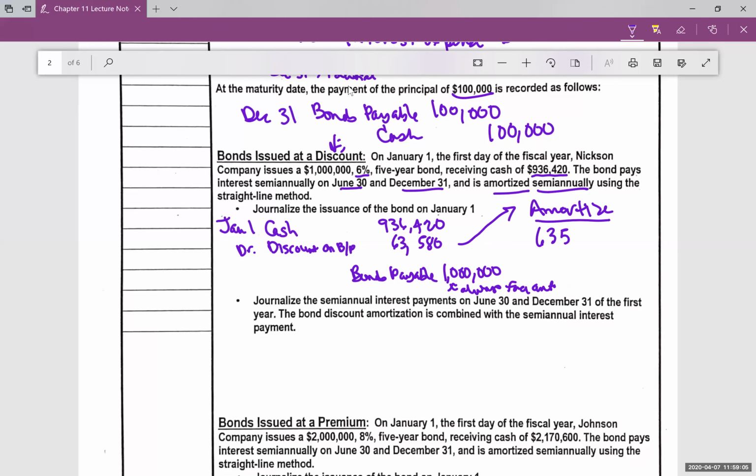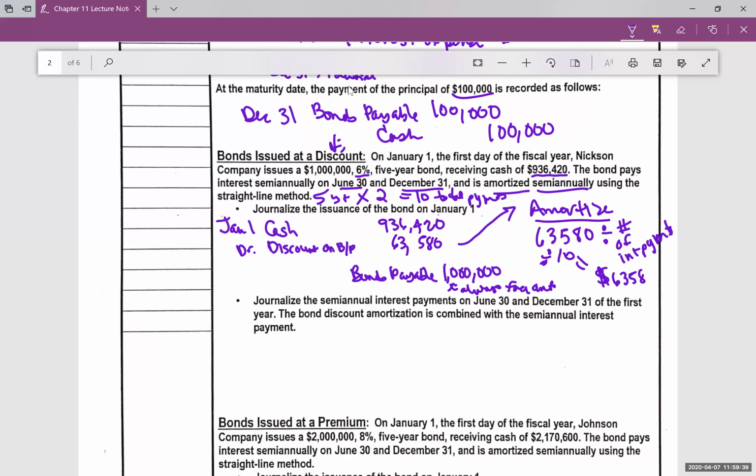So I'm going to take that 63,580 number and divide it by the number of interest payments. Okay, and in this case, this is a 5-year bond with interest payments twice a year. So there's 10 total interest payments. So if I divide this by 10, this number that I'm going to be using here is 6358.